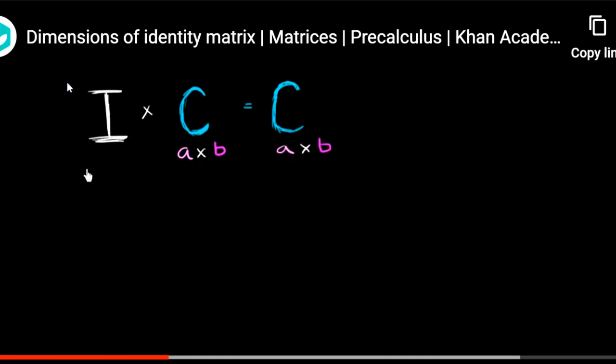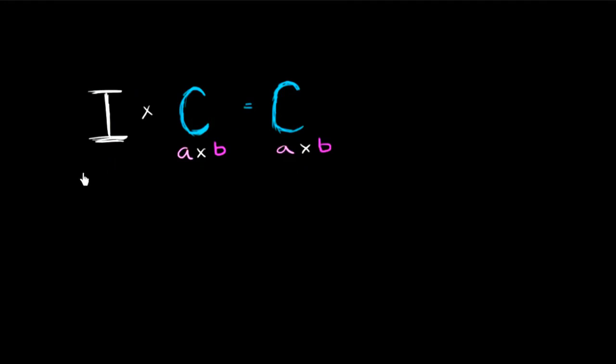How big does the identity matrix have to be? What size would it need to be able to multiply it times this A times B matrix? We've already done this exercise a little bit where we first looked at identity matrices, but now we're multiplying the identity matrix times a very general matrix, speaking in generalities about its dimensions.